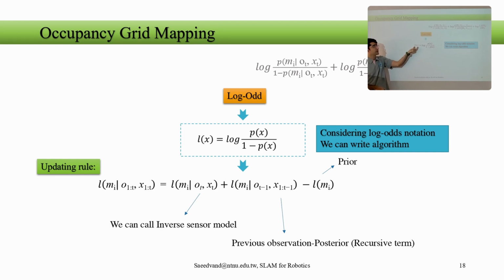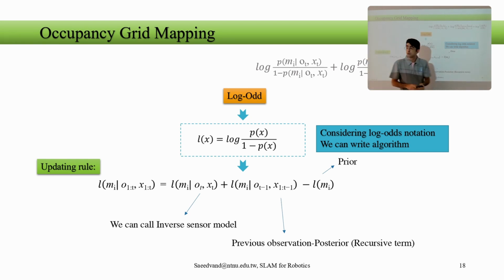It means that this Lx represents this term over here for me, okay? Then based on that, the updating rule of that big equation that I achieved in the form of logarithmic presentation of each cell being occupied or not can be written in this form.